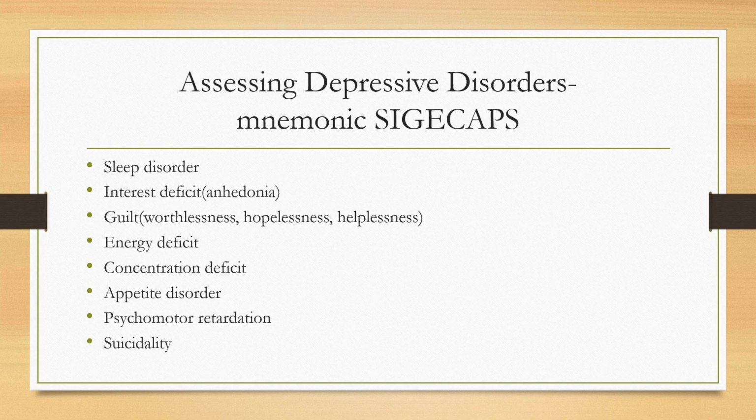So a patient might say some hobbies, and anhedonia means lack of pleasure, like the patient was having fun with certain hobbies in the past, but for the last few months or few weeks, the patient is not interested or nothing is giving him any pleasure. So that is called interest deficit or anhedonia. So you ask, since you have felt depressed, have you noticed that you have been any less interested in these habits?